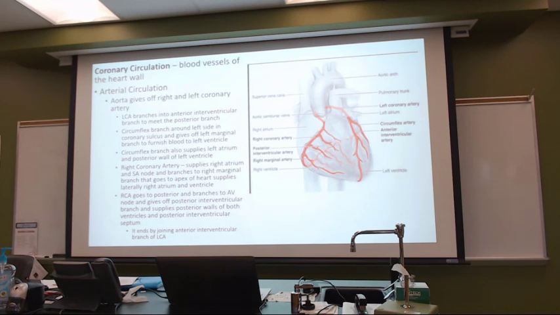So, my aorta gives off a right and a left coronary artery. Anybody ever heard of this before?